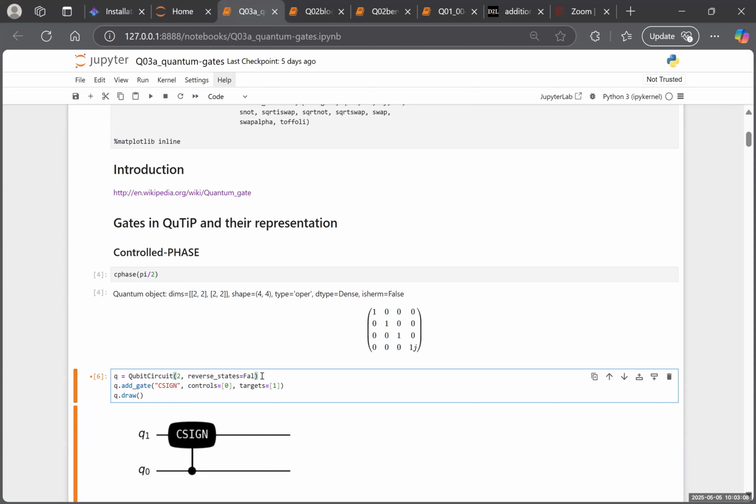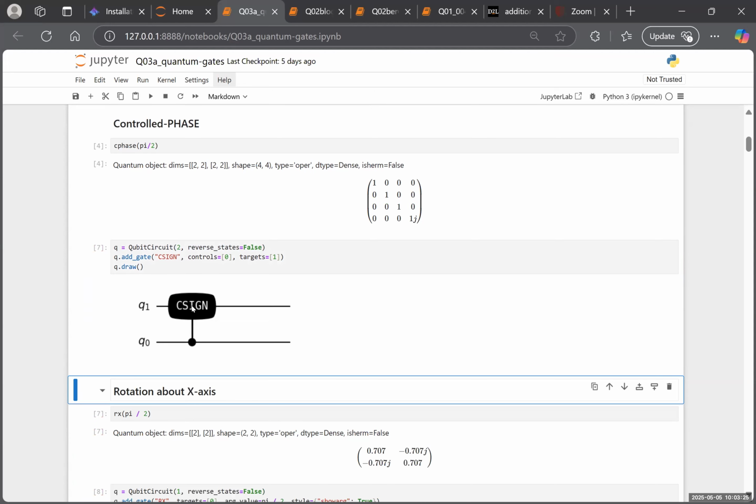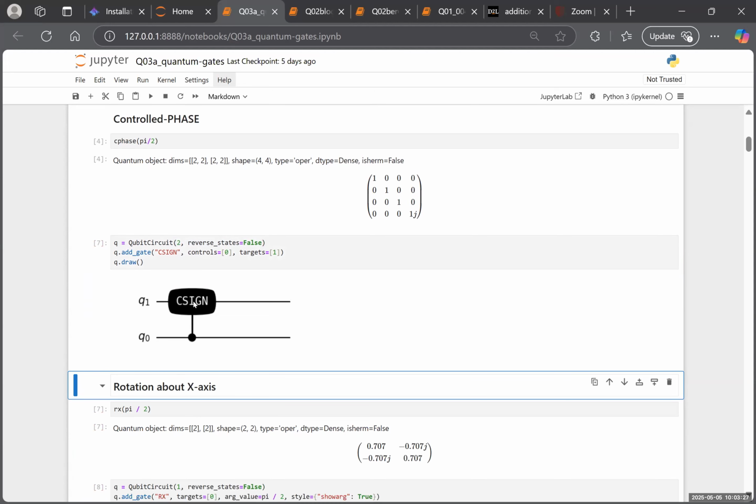If you use false, you have this. Let me try if I use true. So the drawing does not affect it, but with the tensor product, the sequence, the order will be slightly different.